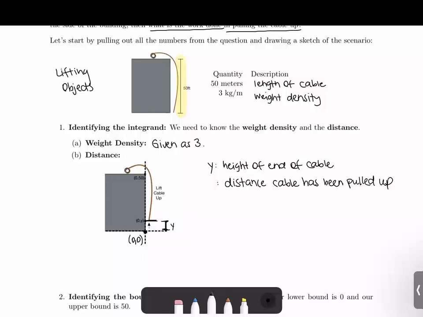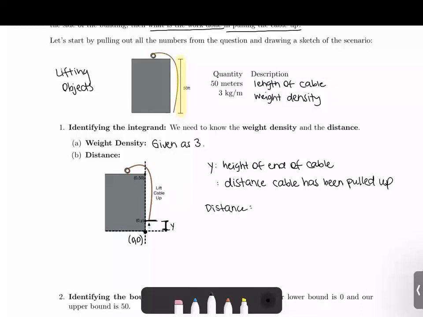The distance is going to be the distance we have left. Our work and our forces, our distance, are going to change as the object moves. So the distance that we're going to have in our integrand is going to be 50 minus y. I'm going to write this down first and then explain it.